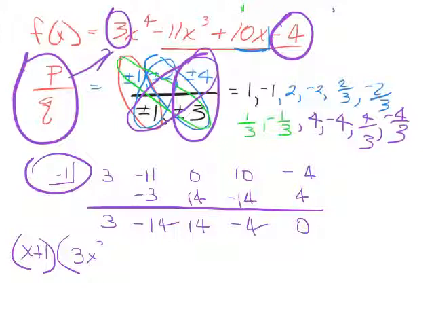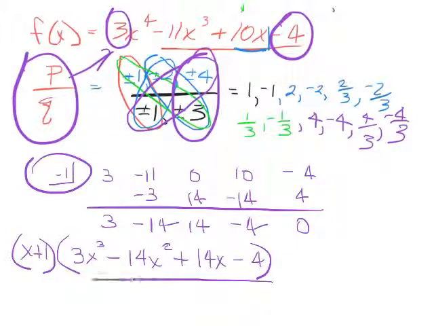3x cubed minus 14x squared plus 14x minus 4. I know I have that left. So what that tells me is that this is also a factor of this up here, which means the factors of this are also going to be factors of this.